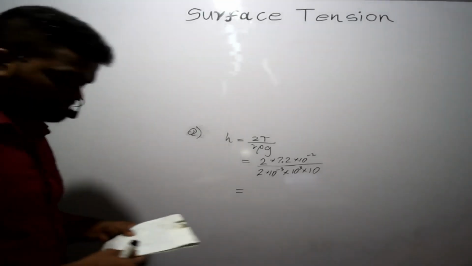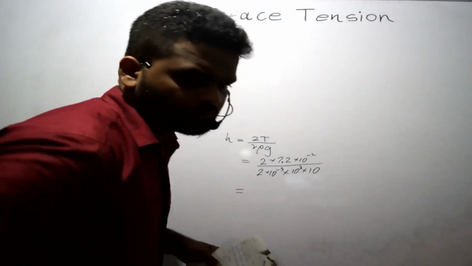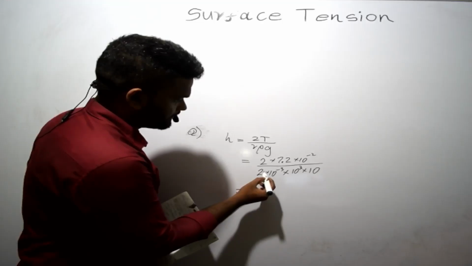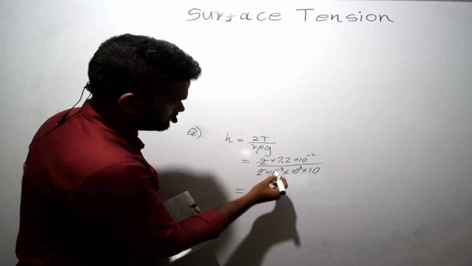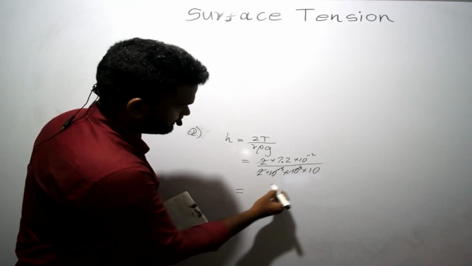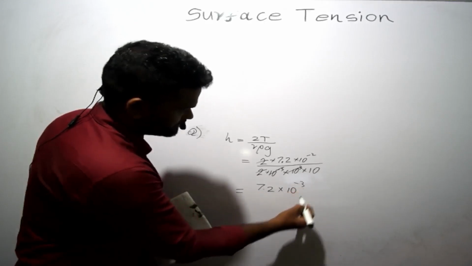Yeah, correct. 7.2. Let's see. Is it minus 3 or minus 2?